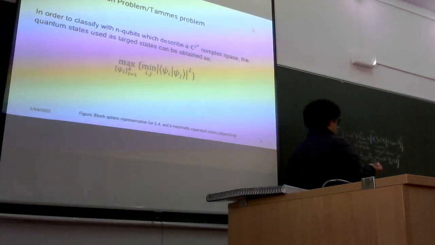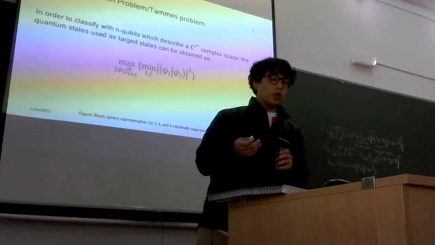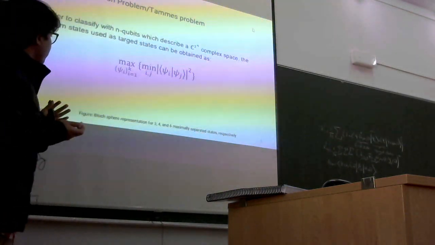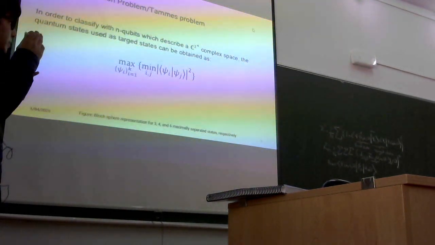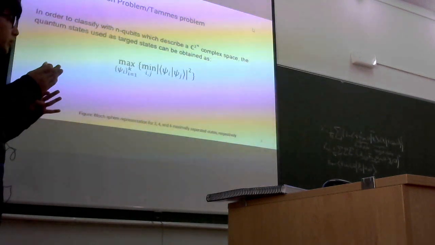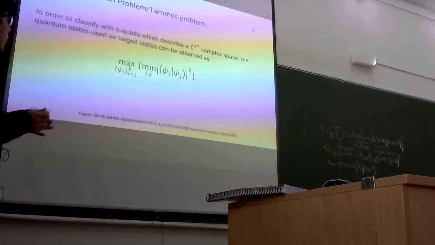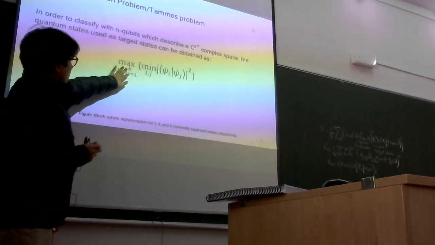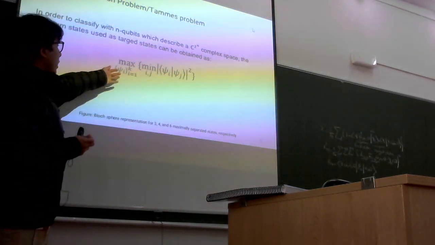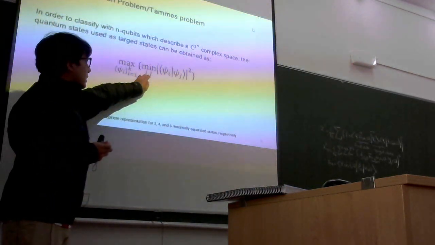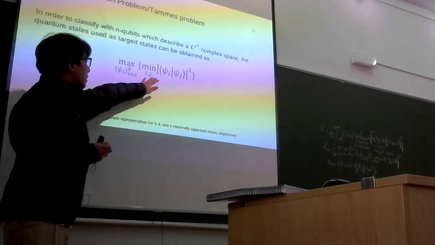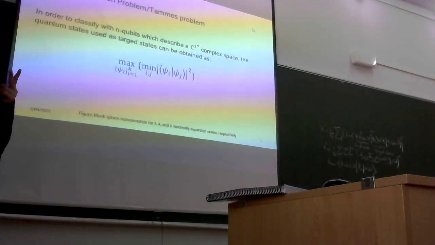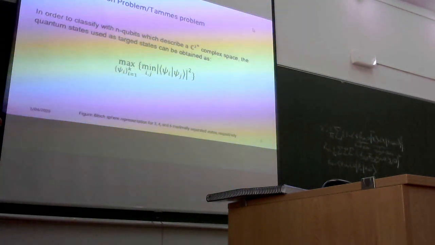And this is where the Thomson problem is introduced, because the problem of obtaining these target states in the 1-qubit classifier is this: taking the maximum of the minimum of the distance, the fidelity, between a set of quantum states.